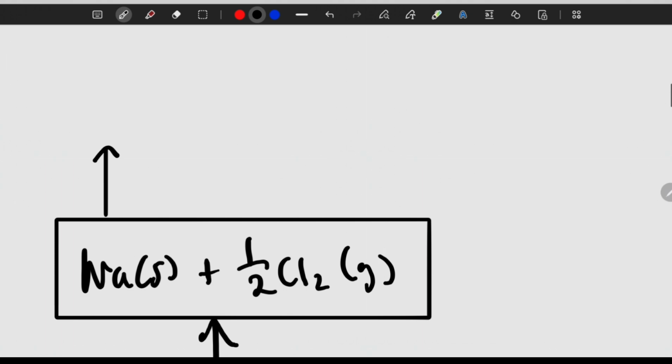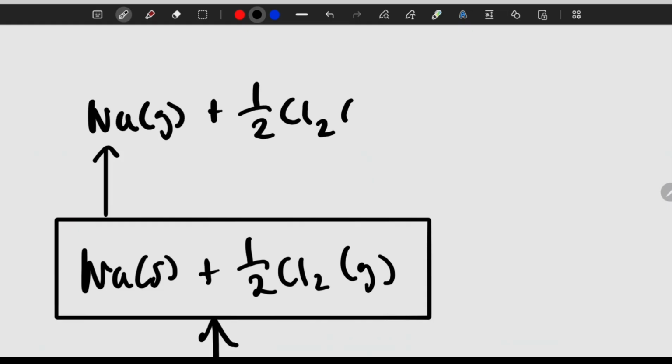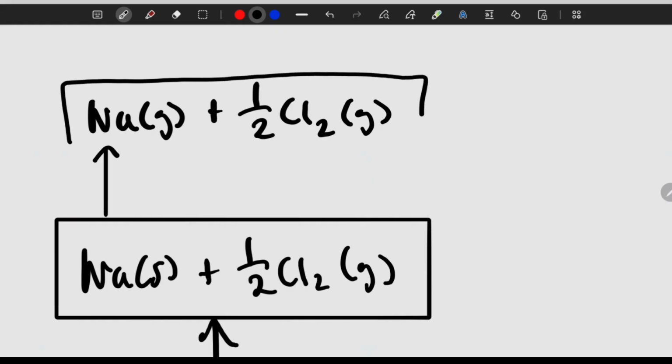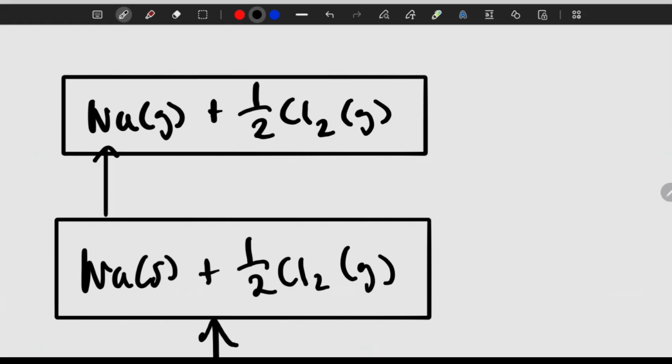So this is sodium solid in its standard state, and then we want it to be one gaseous atom. So sodium is gaseous, and then we just leave our chlorine right there. So using the enthalpy of atomization of sodium.